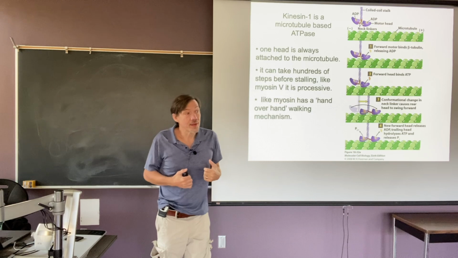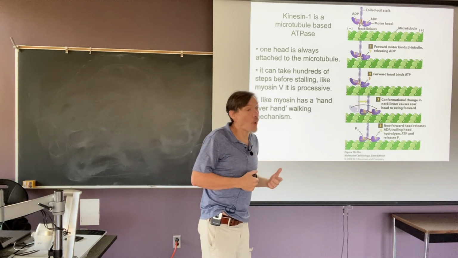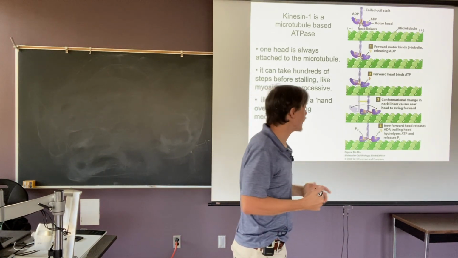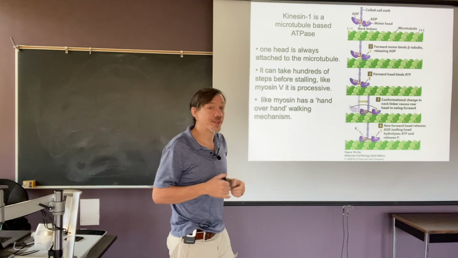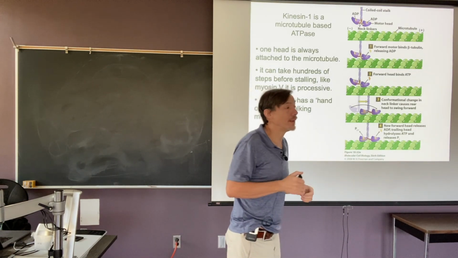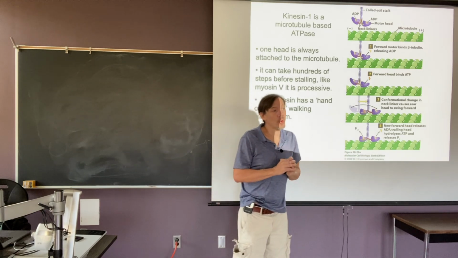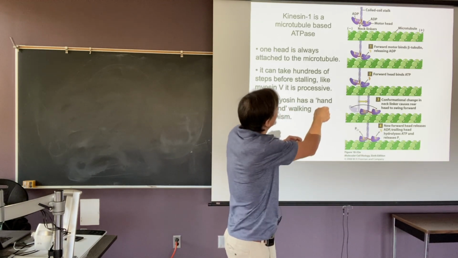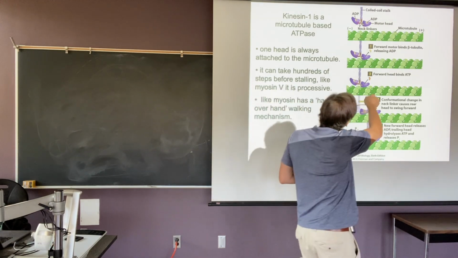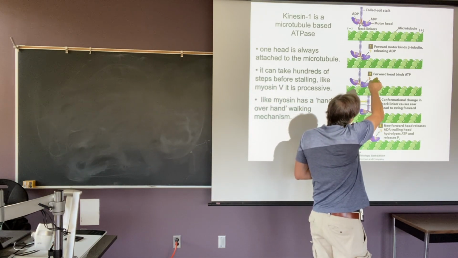In terms of the mechanism of how kinesin walks, there are similarities with myosin in general, but some of the details differ a little bit. I'll just sort of walk through this. So essentially what we have here is kinesin, and it's bound with ADP.